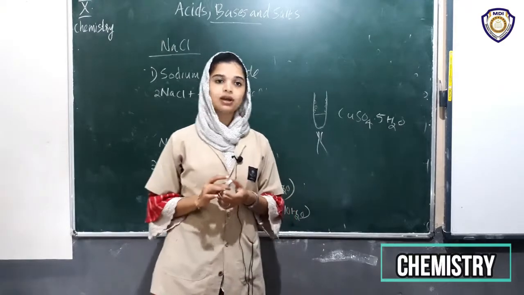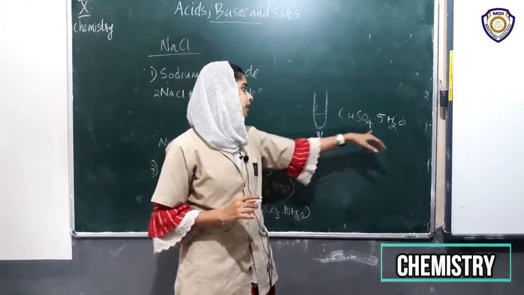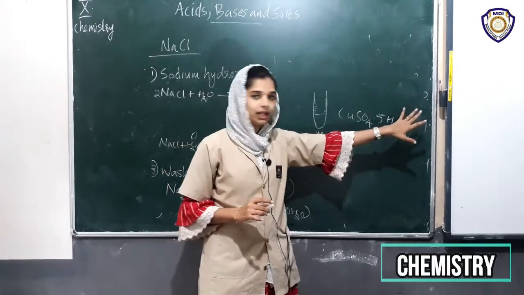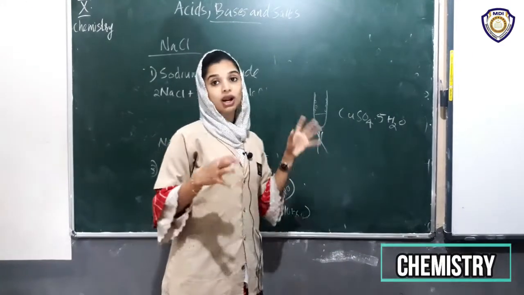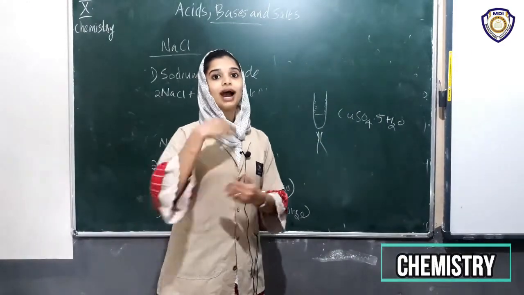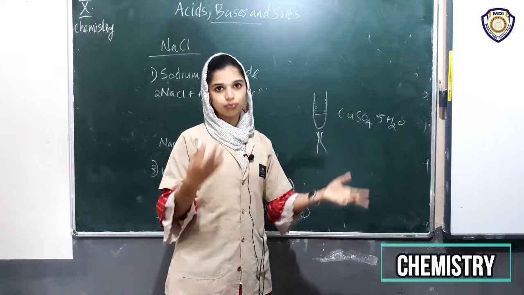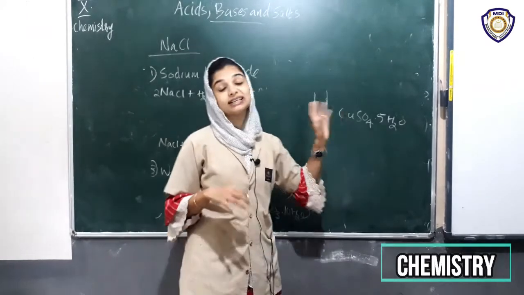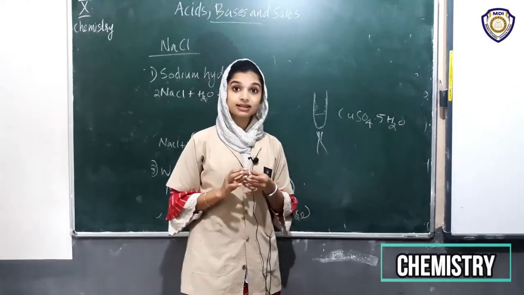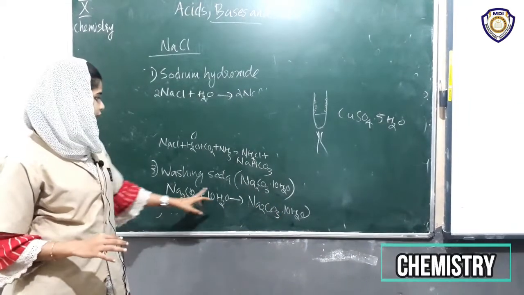How does this happen? When we heat the crystal, the water turns into vapor and its blue color disappears. When we add more water to it, its blue color reappears. So some salts require water for their crystallization. How do we prepare washing soda?